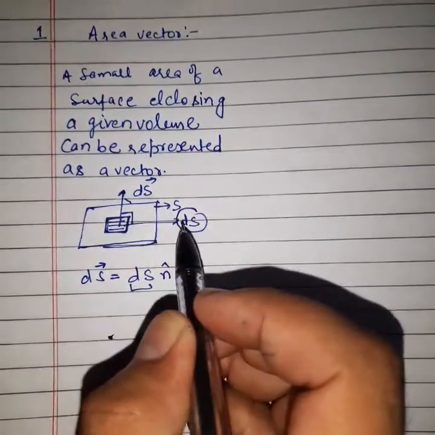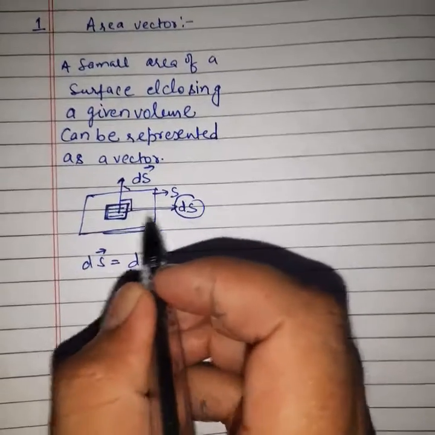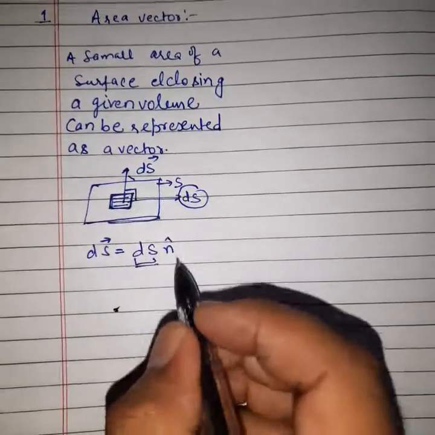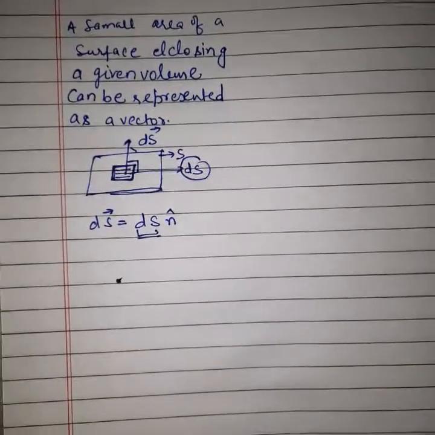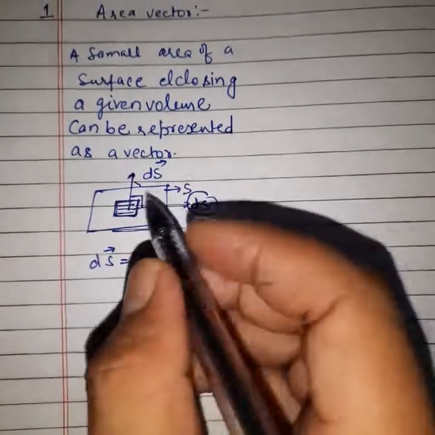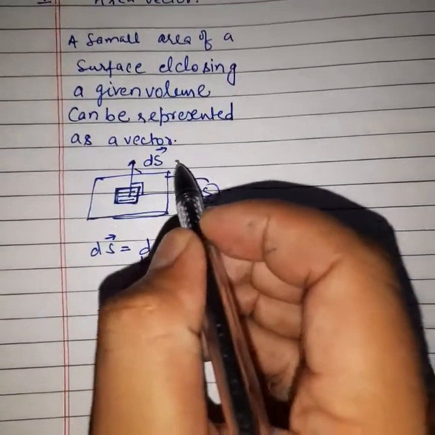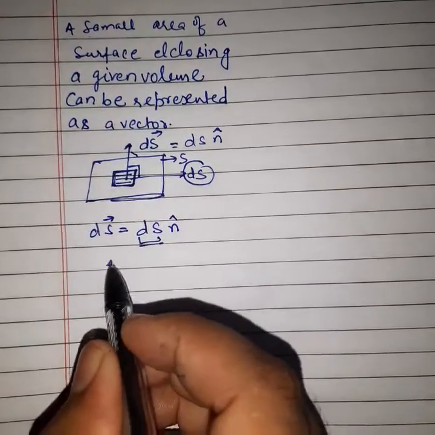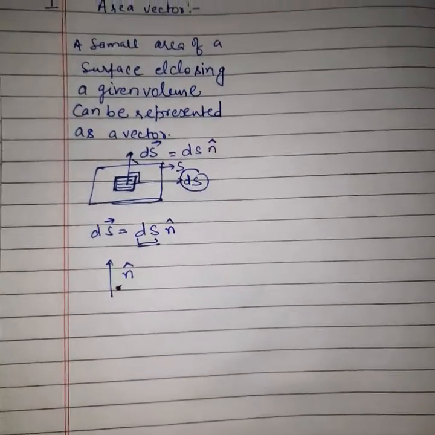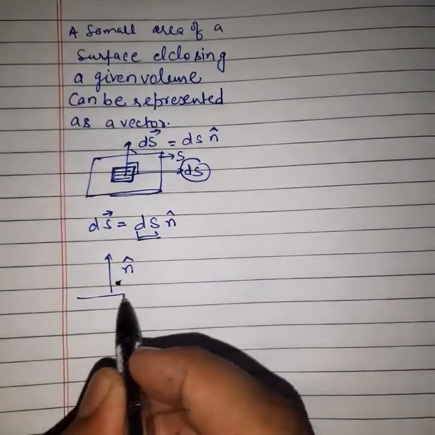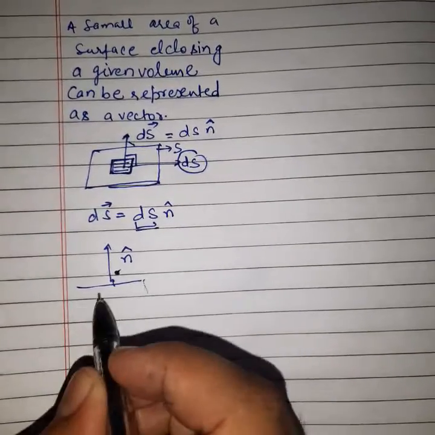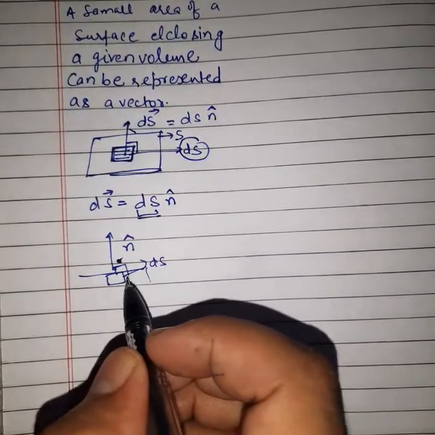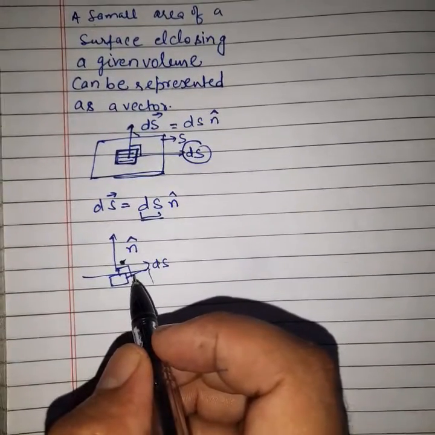The magnitude of this vector is equal to the area, ds, and for showing direction we take n cap, which is the outward direction. So ds vector is equal to ds n cap; we get the direction by n cap. Okay or not? You can take any other surface also, and whichever surface you select, this is ds. So this area vector will be perpendicular to the given surface. Okay or not? Any doubt, any student?